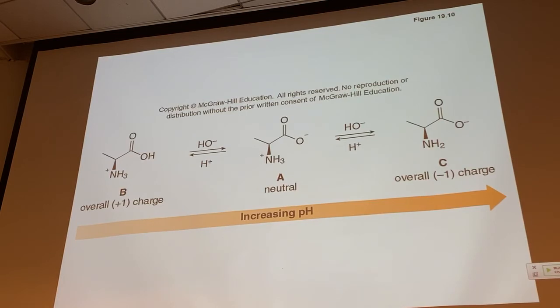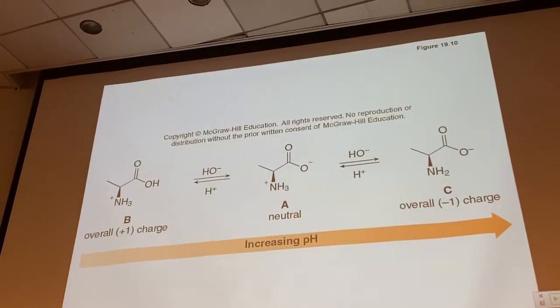Okay? And according to the Henderson-Hasselbalch equation, if we know those pKa values of the ammonium ion and the carboxylate, we can determine which species would dominate at which pH. There's also something we can calculate, which is called the isoelectric point.